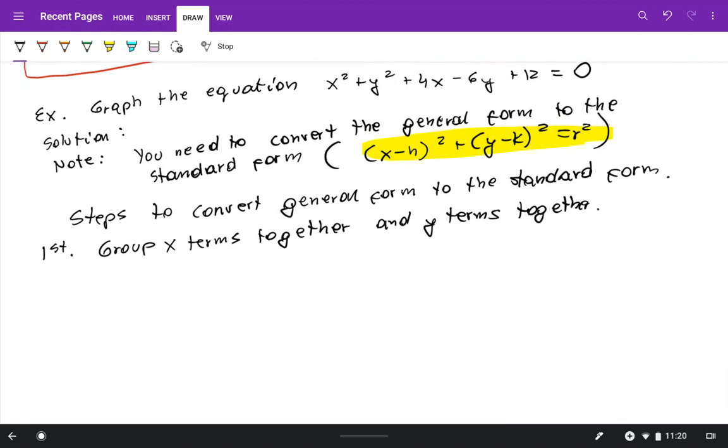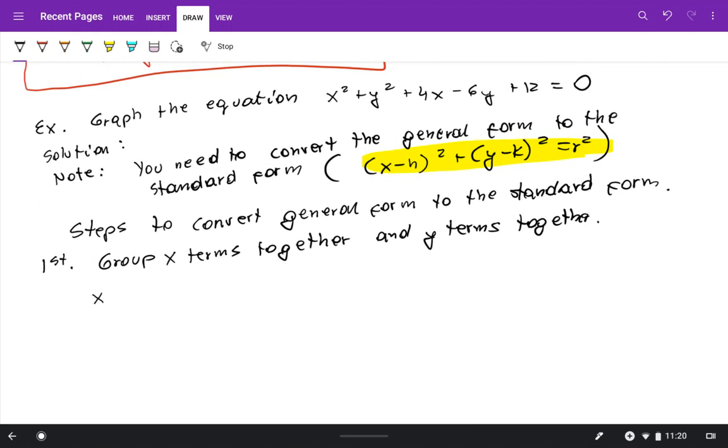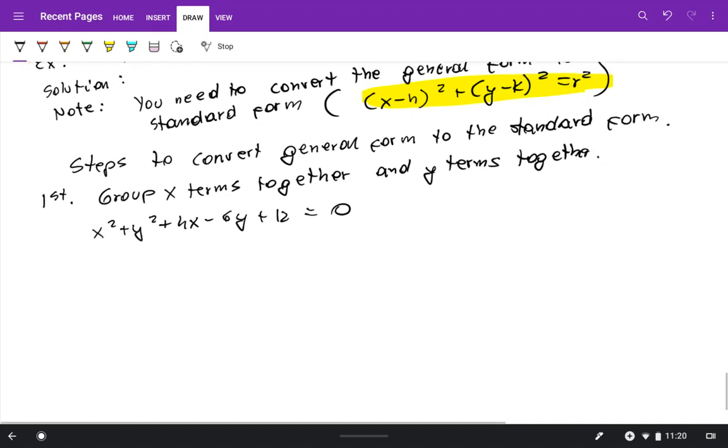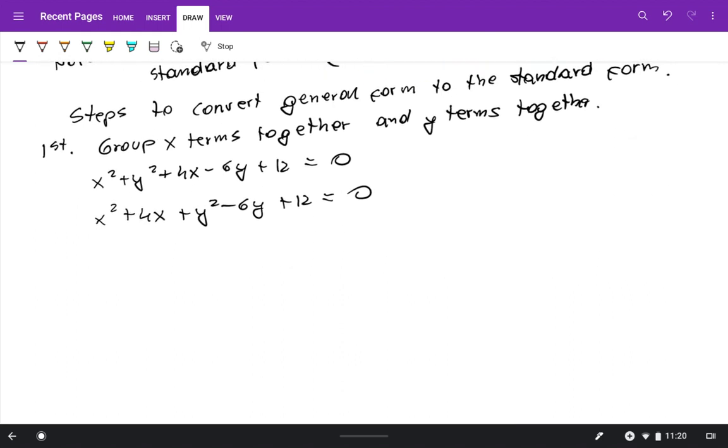Okay, so we have x squared plus y squared plus 4x minus 6y plus 12 equals 0. So first what we're going to do, we're going to group x's together. So let me just rearrange the equation. I have x squared plus 4x plus y squared minus 6y plus 12 equals 0. So I'm grouping them together. Grouping means you're putting the parentheses. So x's you're putting together, y's you're putting together. Okay, so that's the first step.